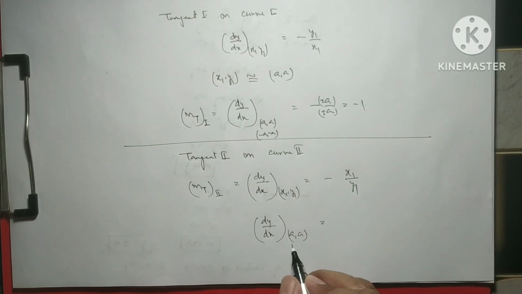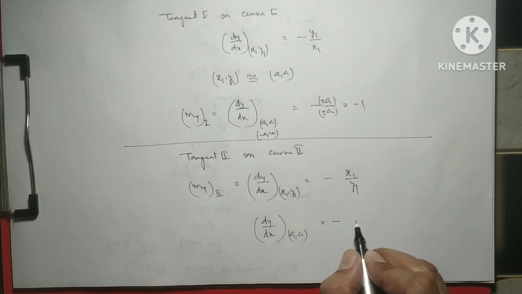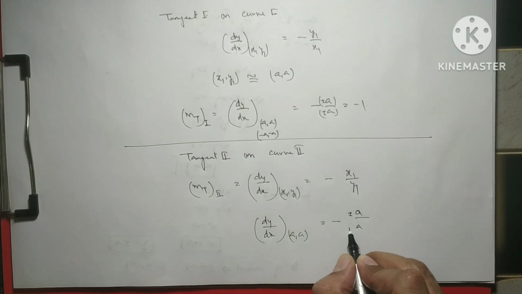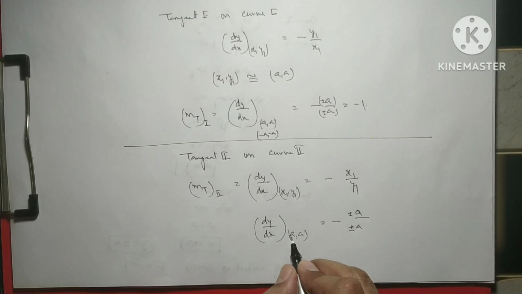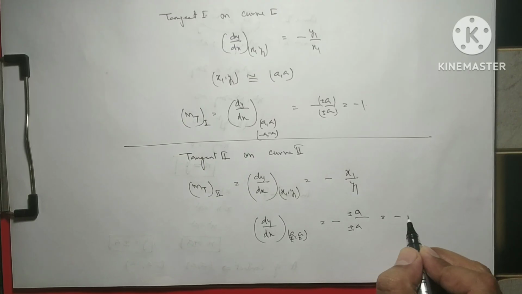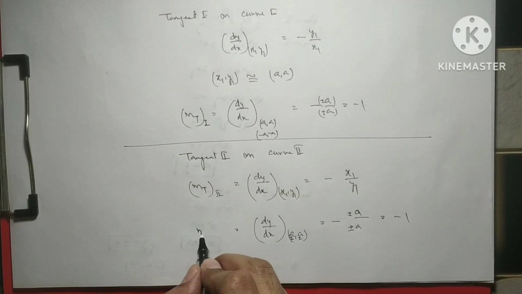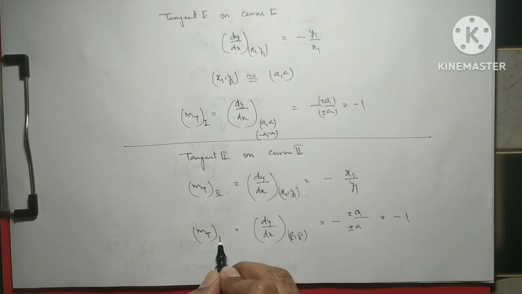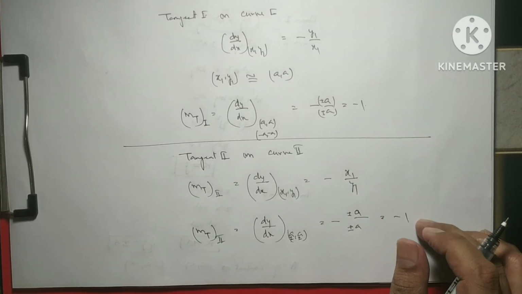And the same way we can place a over a, so you can say plus minus a, both values, any point, positive a or negative, so we get minus 1. So the slope of the second tangent is also minus 1.